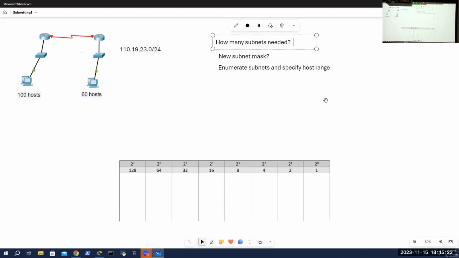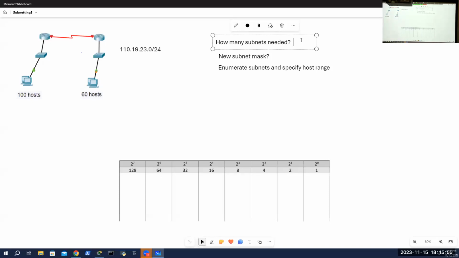Imagine this is a headquarters, with a WAN going to another city. In the branch office you have 60 hosts, so 100 hosts in the headquarters, 60 in the branch office. How many subnets do we need? 3, right? There are 3 networks.